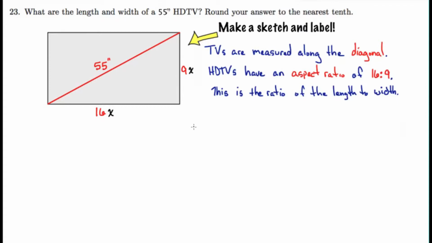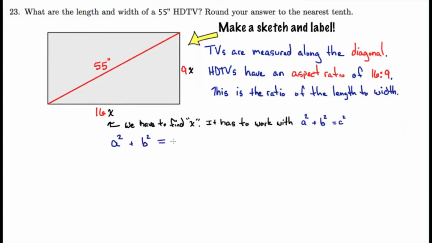So we have a right triangle here with the 55-inch diagonal being the hypotenuse and the two legs here being 9x and 16x. So we have to find what this x is, and once we find x, we can substitute it back in, and then we would know our length and width that go with the 55-inch.